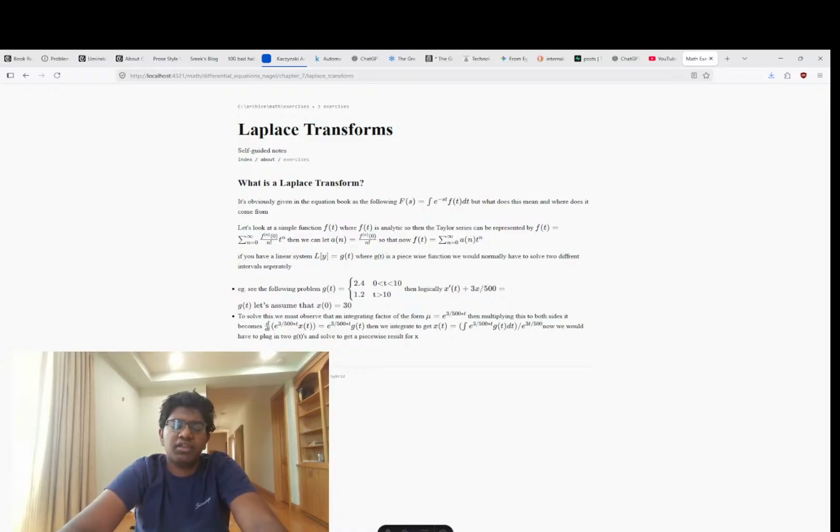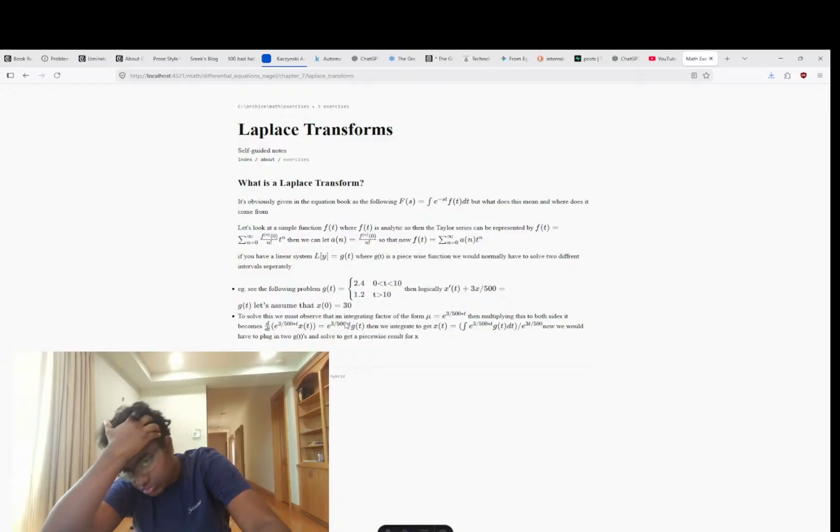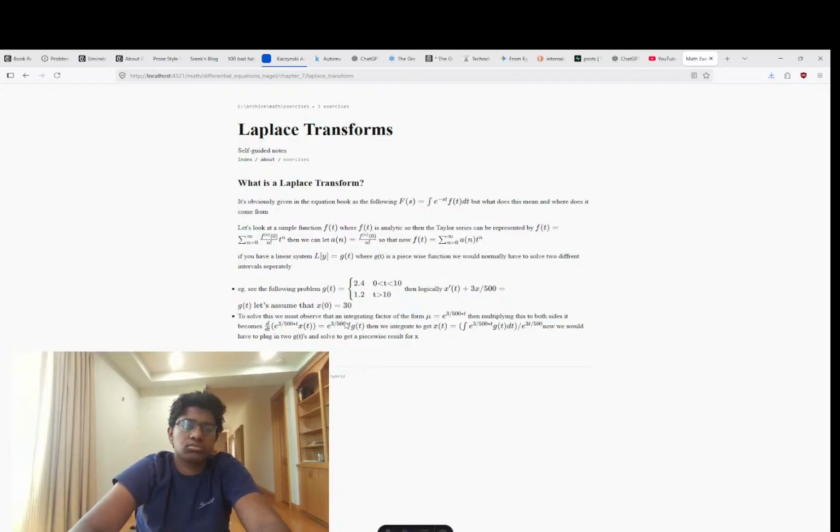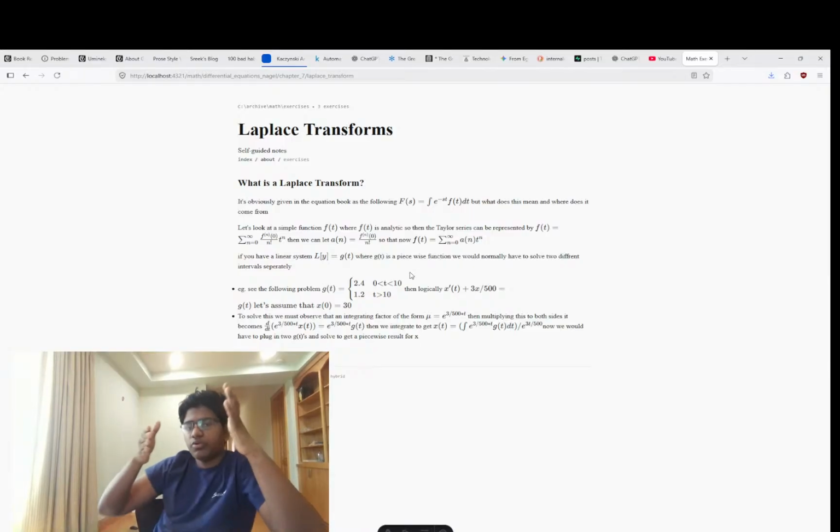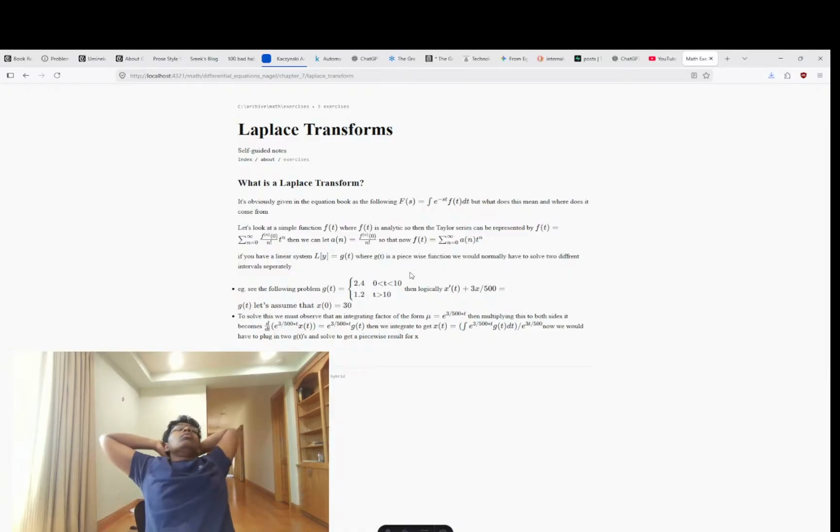Because don't we already have something else that represents it? We have that for every n we have a coefficient in a power series, and it sums up to be f of t.